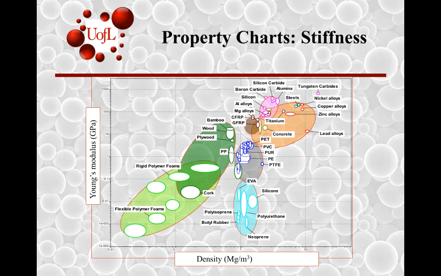If you look at the property chart of E versus rho, as shown over here, for this material index E to the power half divided by rho, if you look at this as one of the lines, right? What is the slope of this line? It's 2, right? Because it's a log-log plot.